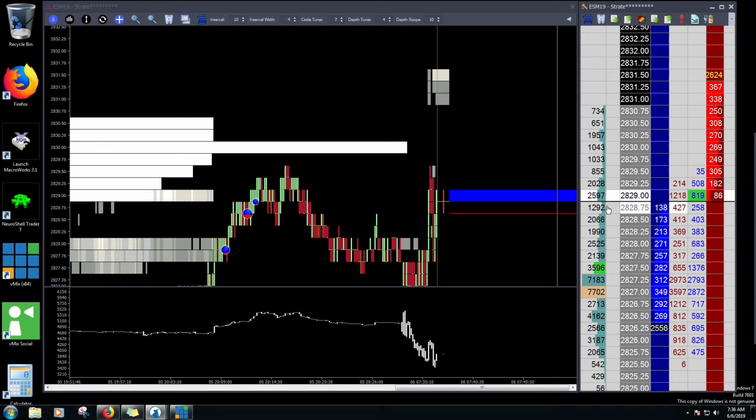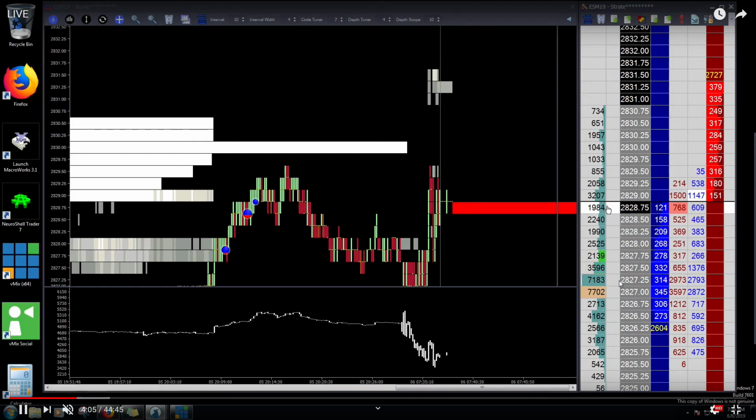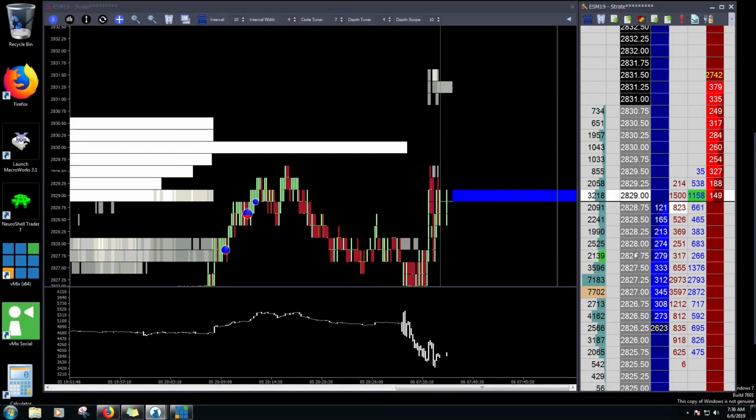Some people don't like to trade rollovers, but you know, personally I don't care. So I'm sort of looking for what might happen here. There's no play to be had. We're in the middle of this range. The volume profile hasn't really established itself well enough to find a play.